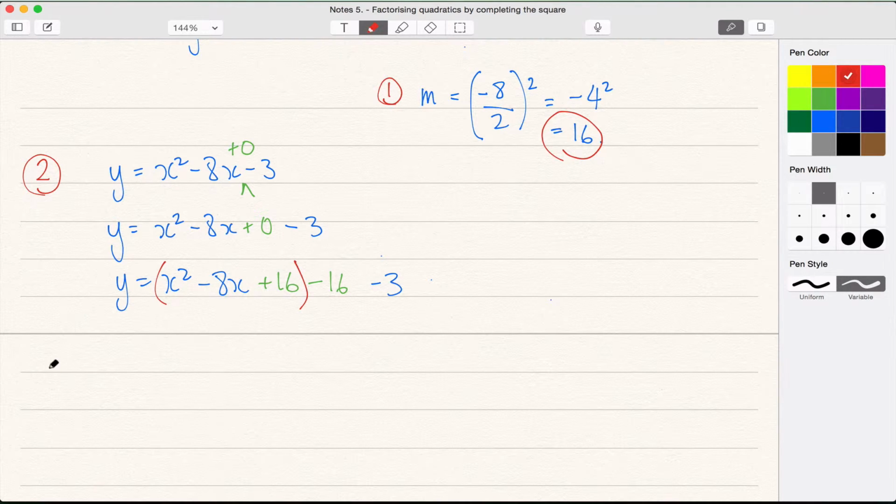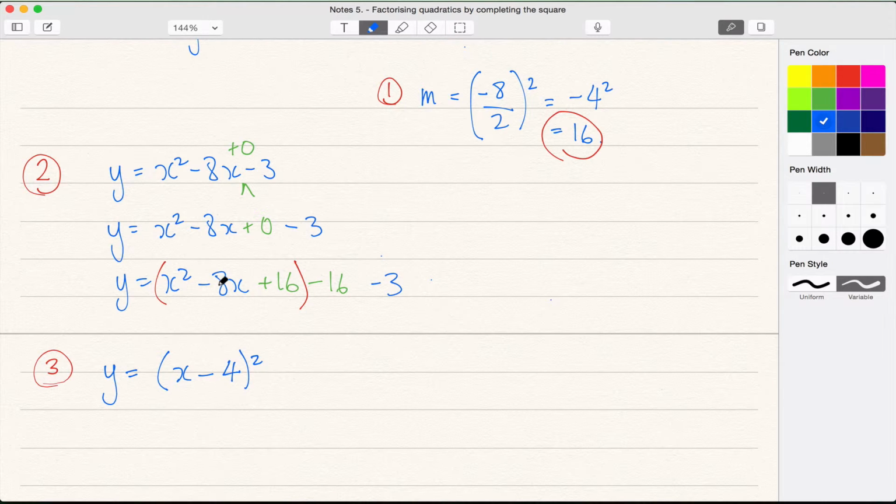Step 3 says factorise the first half. And I've put some brackets around here. You might like to add brackets yourself to help you see the part that you're factorising. And because we've used a magic number, it should work out pretty easily. So here I've got x minus 4 all squared. 4 times 4 is 16.